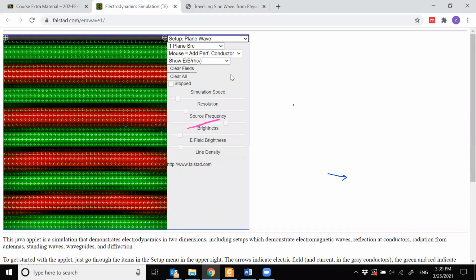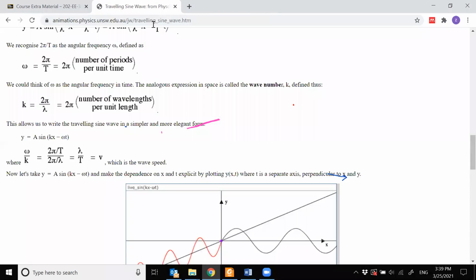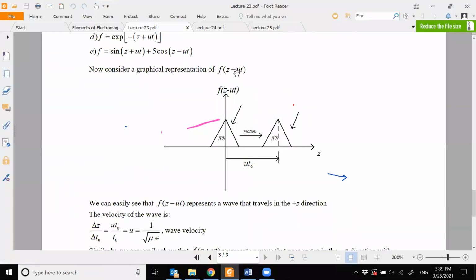Another very good example of looking at a plane wave is, once you throw a stone in a water pond or in a sea, then around the stone, you will see the waves forming, right?